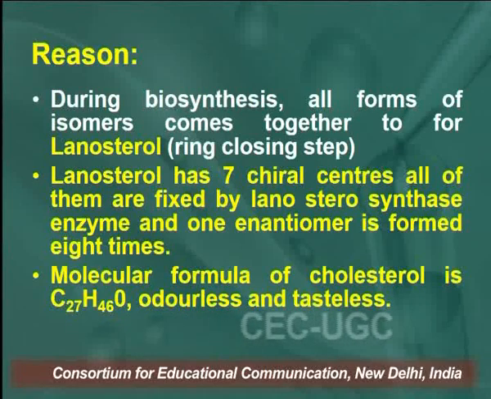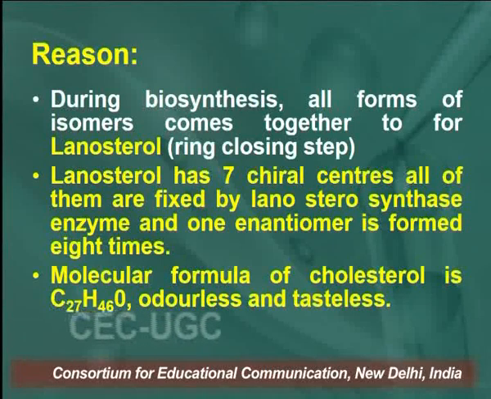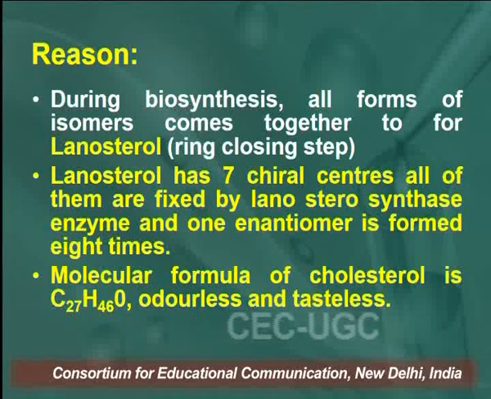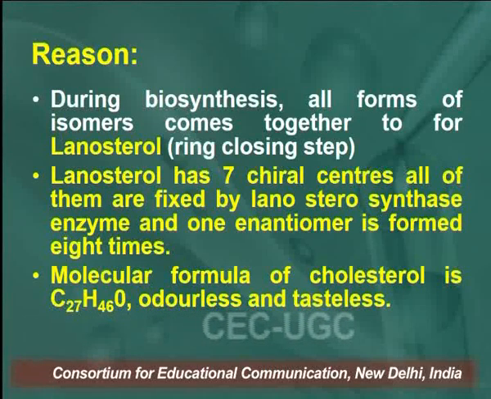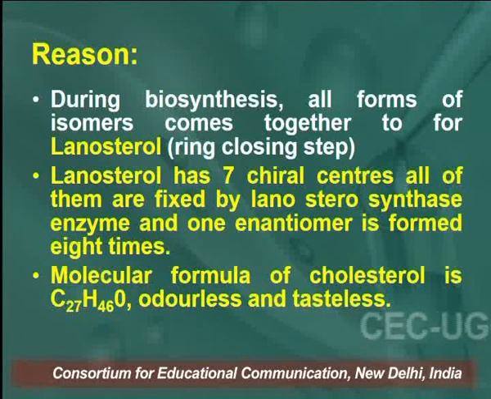When the biosynthesis takes place in our human system, biochemical reactions take place and all forms of isomers come together to form only one form, that is lanosterol, in a ring closing step. That lanosterol has 7 chiral centers, all of them fixed by the lanosterol synthase enzyme, and we get only one enantiomer 8 times, right?